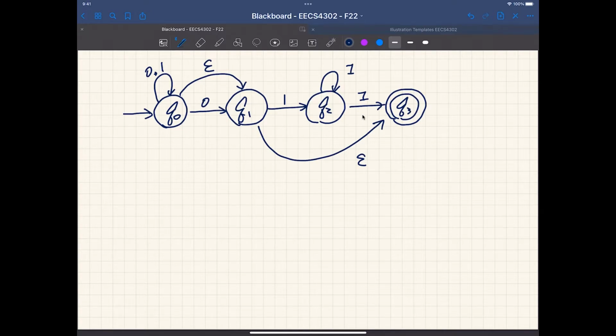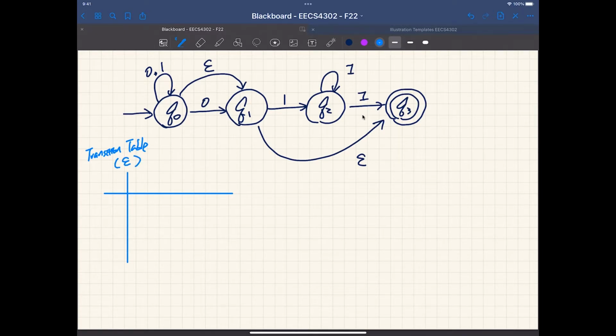Okay, so let's look at the original question. First of all will be the transition table. Why don't we just go over it very quickly since you got the question. Let's start with the transition table for the epsilon NFA, in which case it should include epsilon.